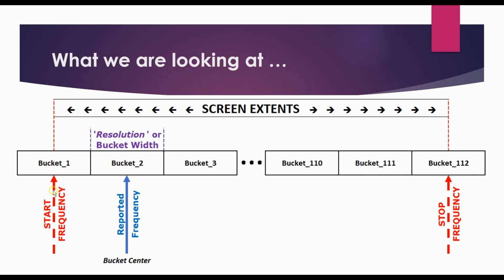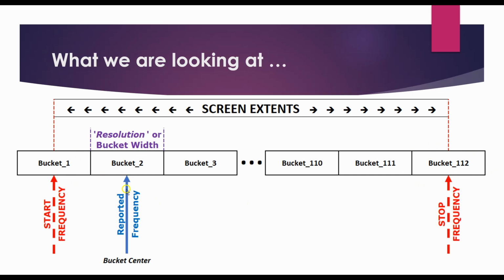Now, the more distance there is between the start and stop frequency, the wider these buckets have to get, because we have a fixed number of buckets. The resolution or width of these buckets is determined, like I said, from the span and the fact that we have 112 buckets.